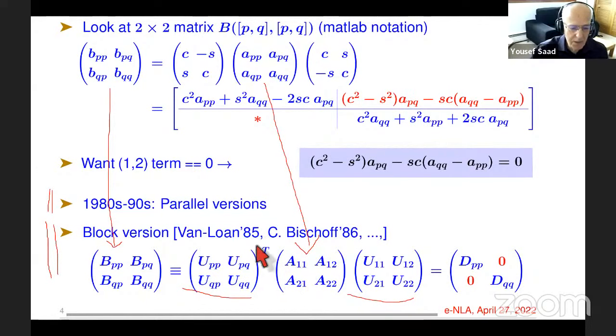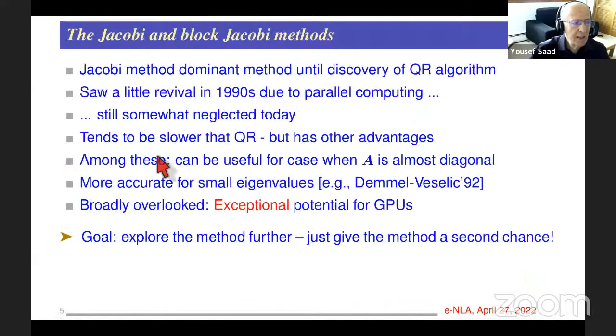A number of theoretical results have been shown. A lot of things have been done with Jacobi. The Jacobi method was dominant until the discovery of QR in the 60s.